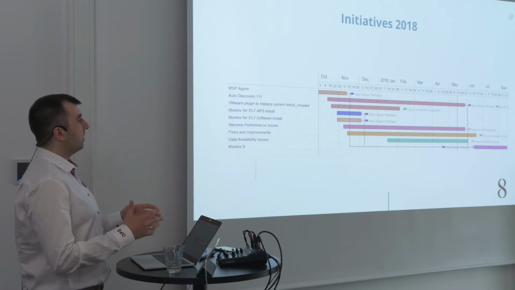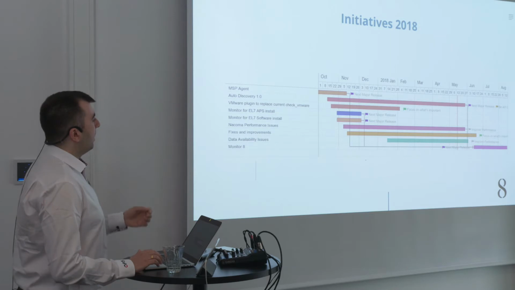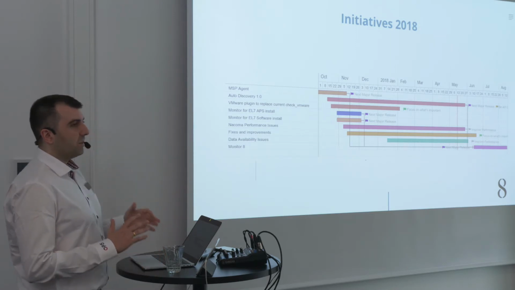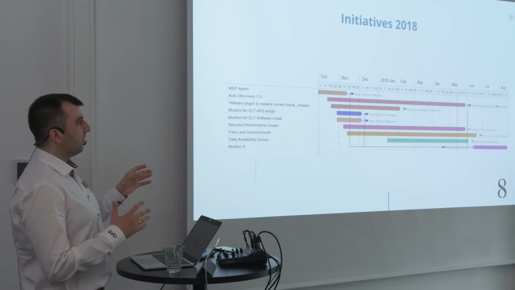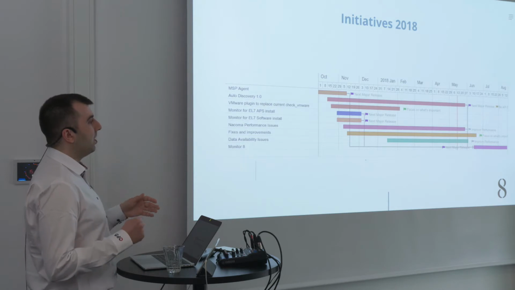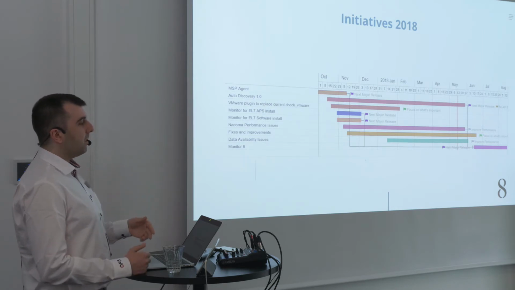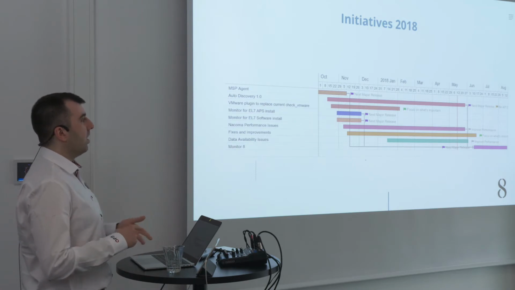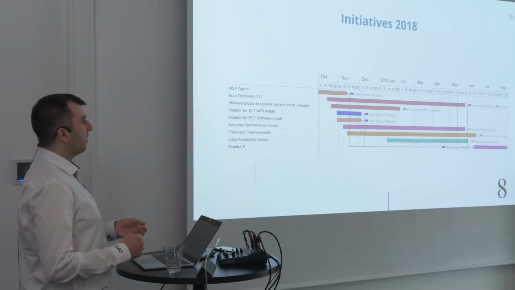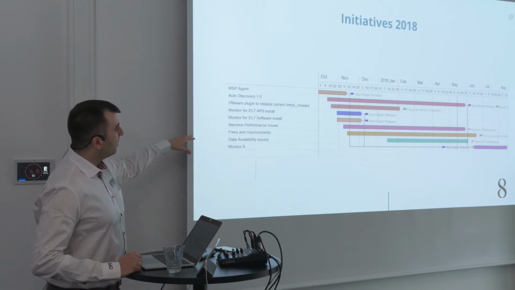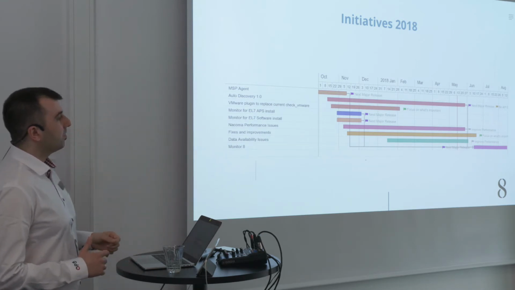Now it's also available in EL7 and it's stable. We also have a lot of stuff related to small fixes and improvements. We just don't put it in the roadmap because it would take probably several pages of content. And because we release every month, you see gradual improvements on the user interface, improvements on the overall stability of the product. And basically I collapsed everything in one initiative, which we called Fixes and Improvements.